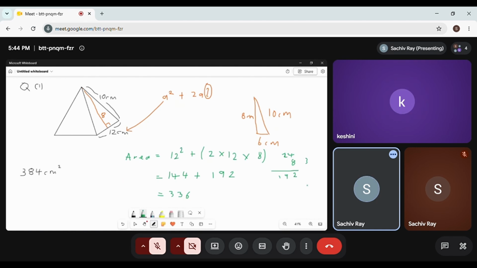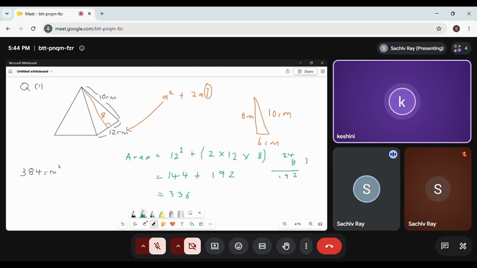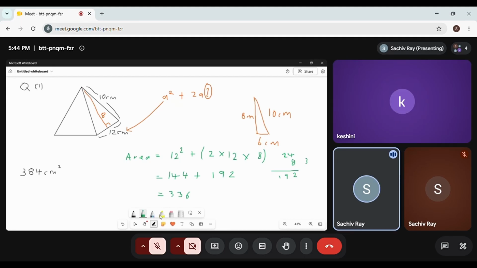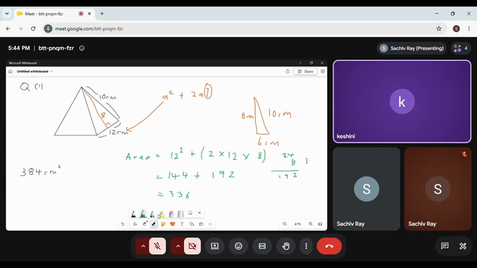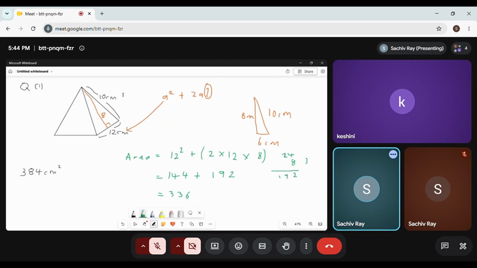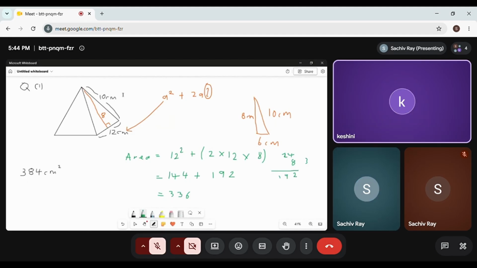So can you write the correction? Yes, sir. Write this down and remain it down. Right.